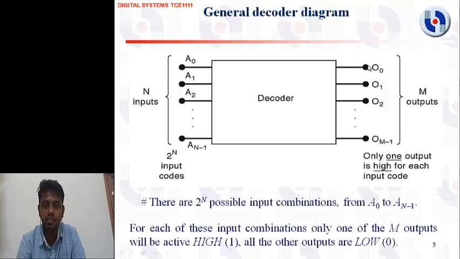Every output has its own combination, so depending on that, the decoder generates the output. There are 2 raised to n possible input combinations from A0 to An, and for each of these combinations, only one of the outputs will be active high. All the other outputs will be low.